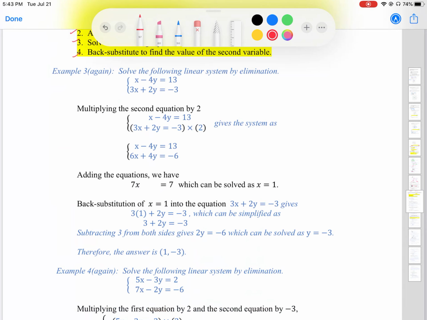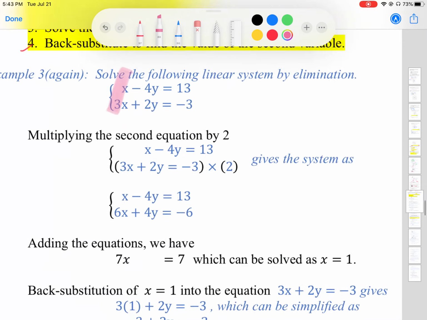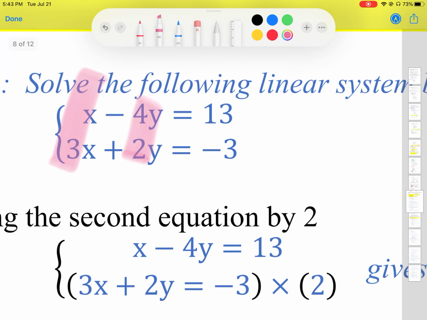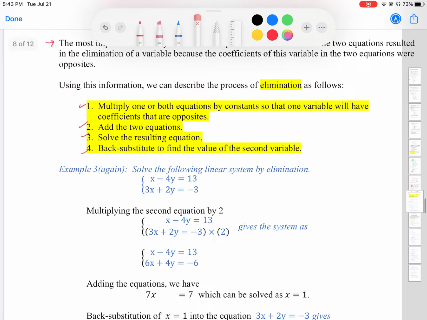Example 3 again. So let's solve this linear equation. If I look at my x's and I look at my y's, they don't add up to be 0. So I have to multiply something to one or both of my equations so that I can make a 0.